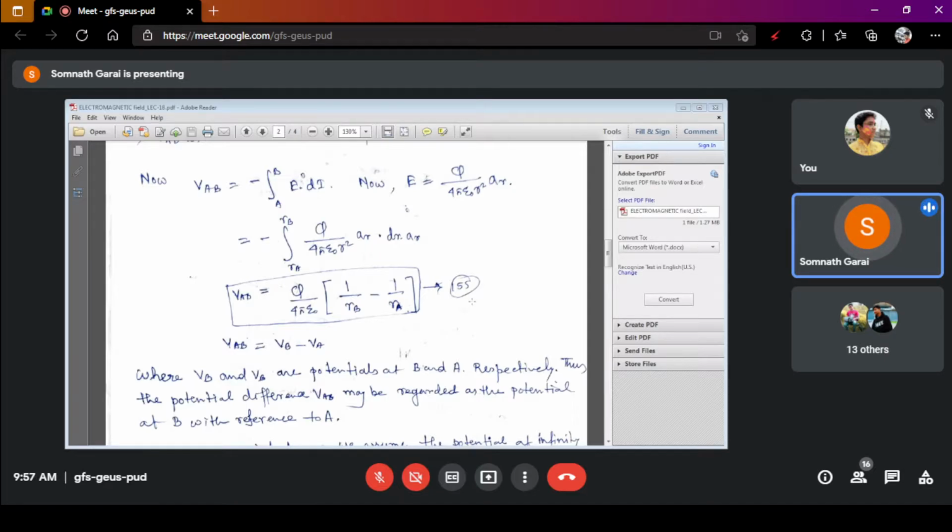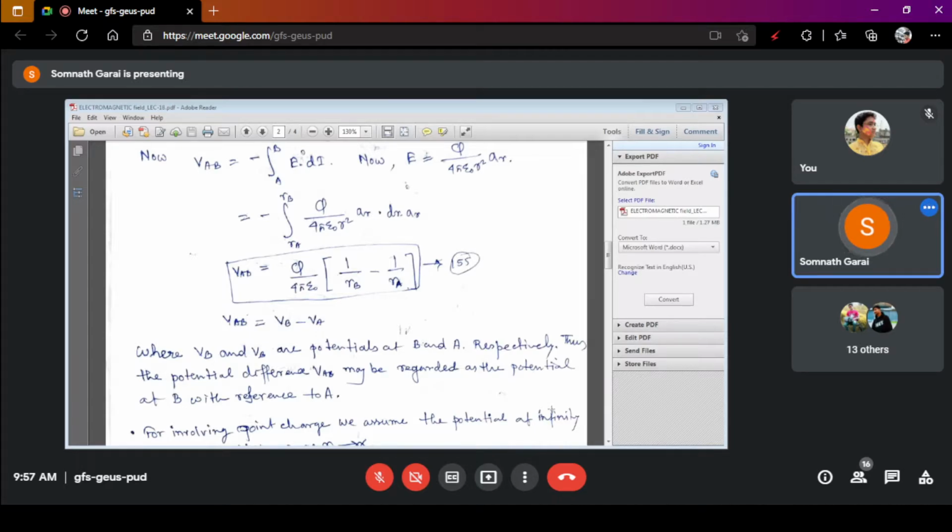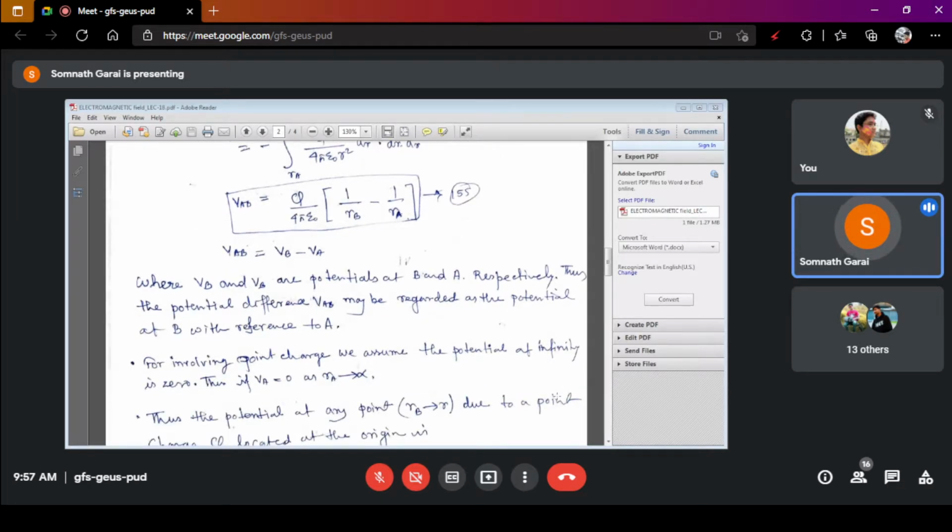That means the potential of B minus the potential of A, where VB is the potential of B and VA is the potential of point A. Now, thus the potential difference VAB may be calculated with the concept that point A is situated at infinity, or point A is situated at a distance of infinity with respect to the reference point.